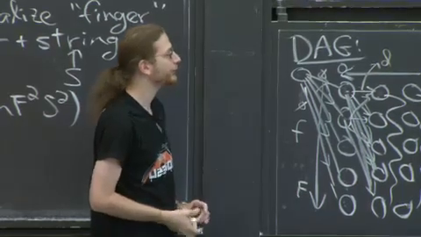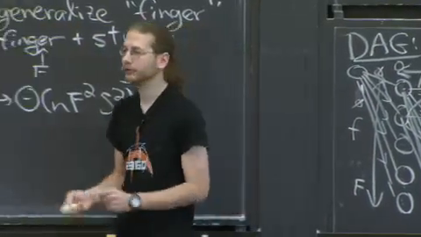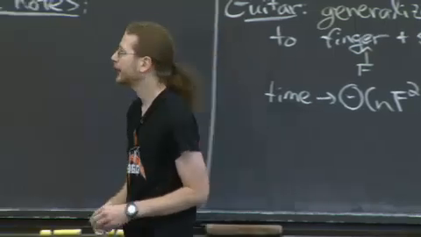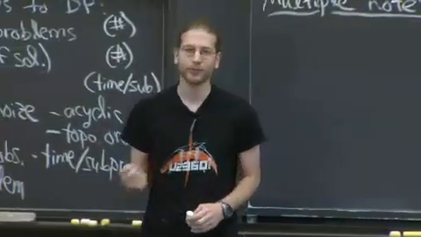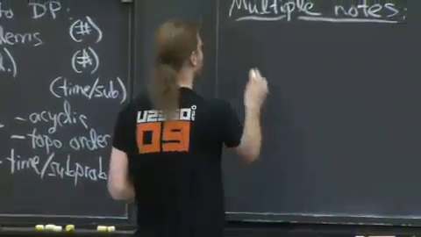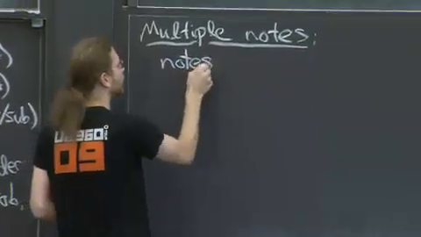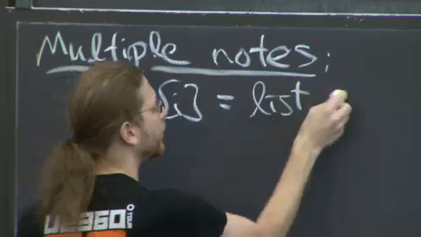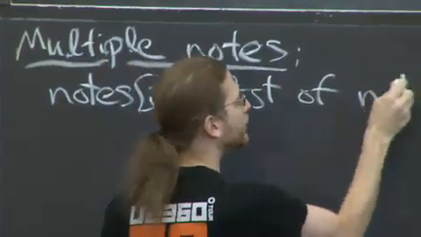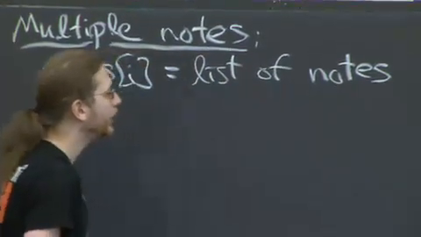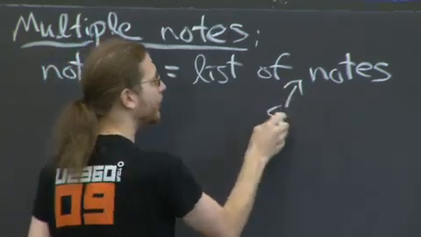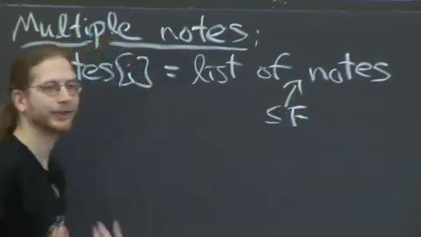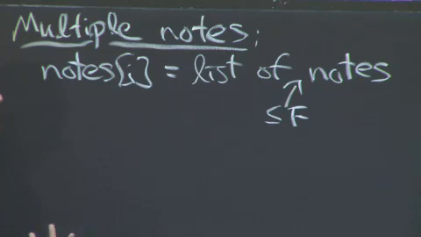First thing we need to generalize is the input. Before, the input was a sequence of notes. Now, it's going to be a sequence of multi-notes. So notes of i is now going to be, let's say, a list of notes that all need to be played at once. And conveniently, it's probably going to be at most F notes, because you really can only play one note with each finger.